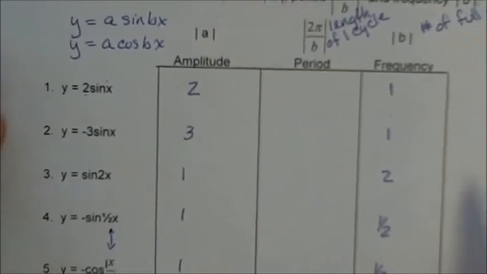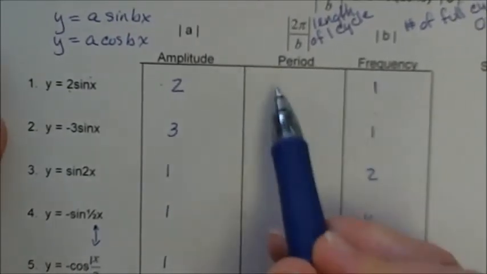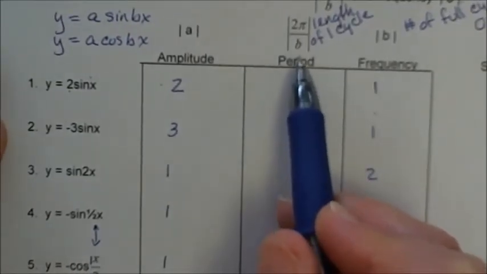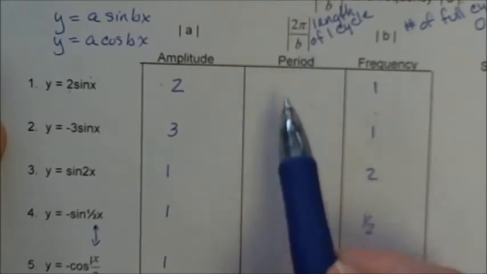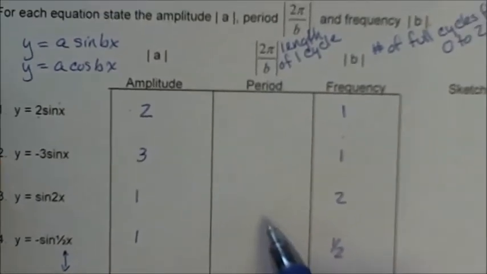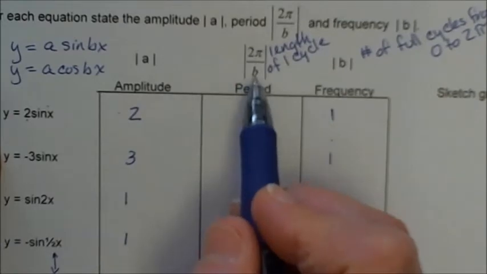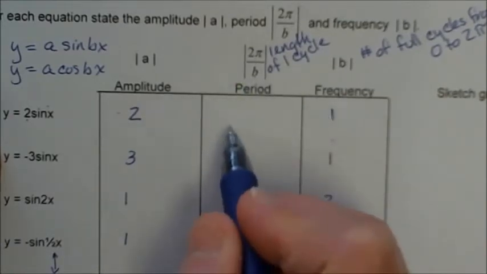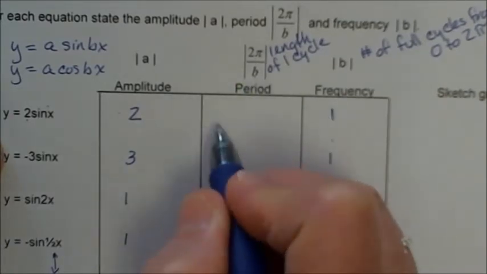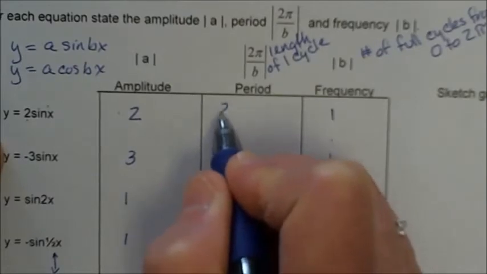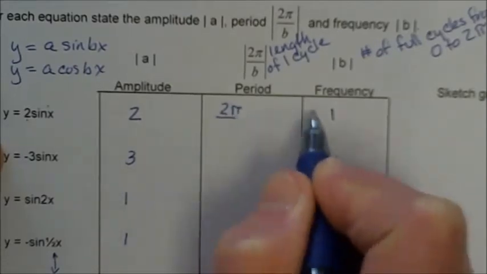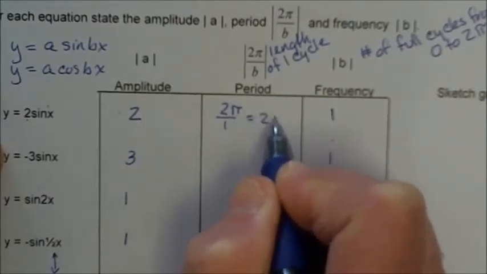Okay, so now that we have the b value, now we'll use the formula to find the period, using 2 pi divided by b. All right, so the period for number 1, y equals 2 sine x, would be 2 pi divided by 1, which is 2 pi.